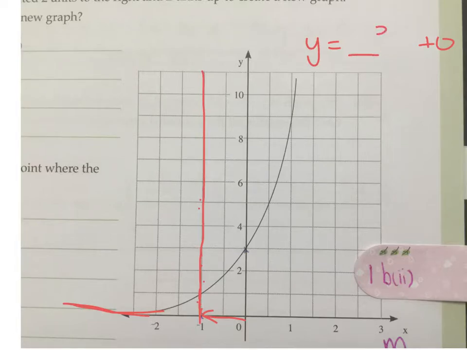X is the exponent. That's why it's called an exponential graph, because the x is part of the exponent. To push the graph leftwards requires us to add 1 to the exponent. Remember, leftwards plus 1, rightwards minus 1. So opposite way from what you expect.